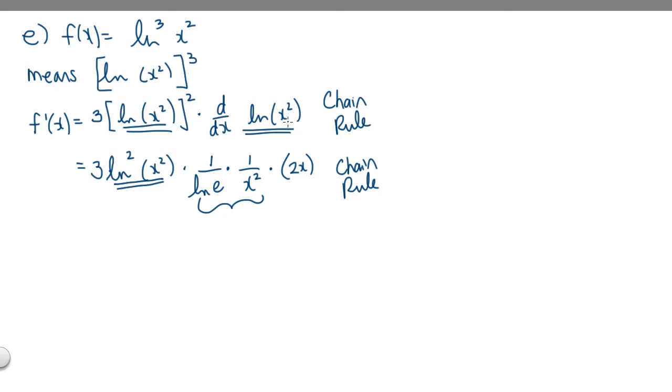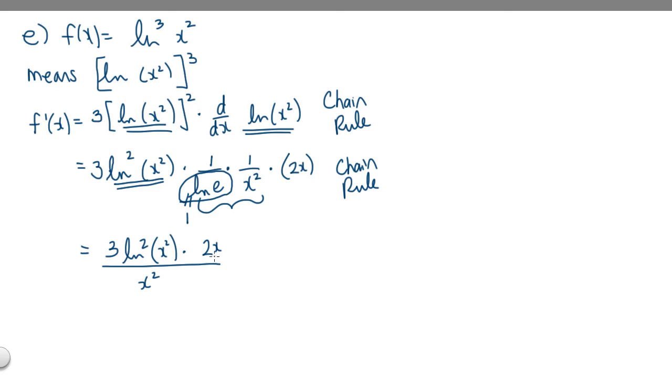Now at this point, we just need to simplify our answer a little bit. So as we pointed out a little bit earlier, ln of e was 1. So that simplifies this coefficient here. If we start to clean this up a little bit, we've got 3 times ln squared of x squared. We've also got a factor of 2x in the numerator and an x squared in the denominator.